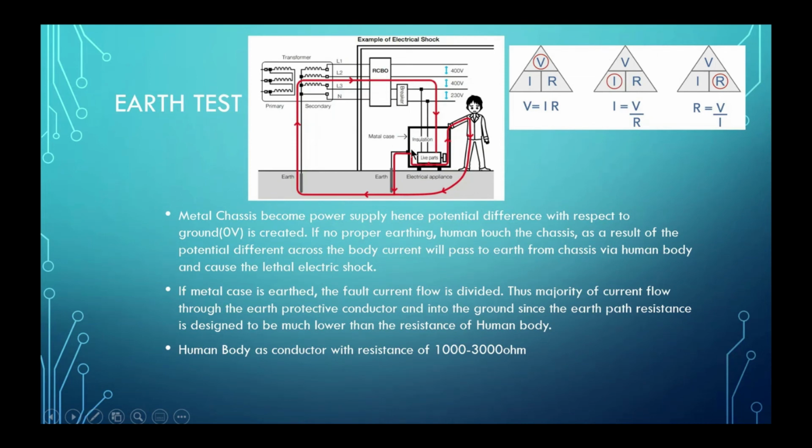So the importance of the earthing is to allow the current to pass through the earth. Now, you connect the earth, and the earth resistance is lower than this 1000 to 3000 ohm, so the majority of the current, the bigger current, will pass through the earth rather than through people. So this is the importance of the earth. Understand?